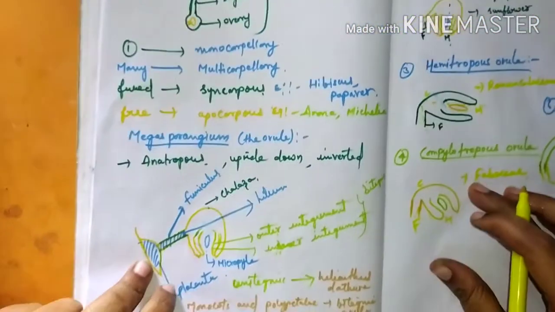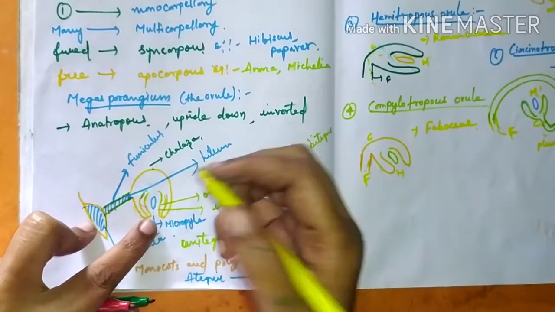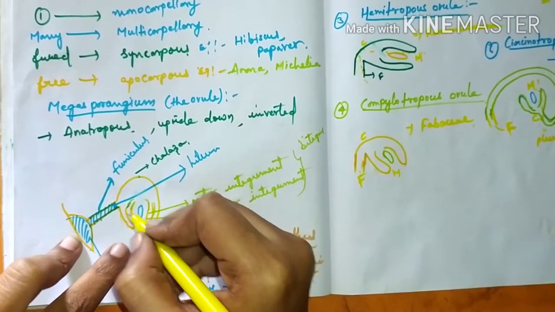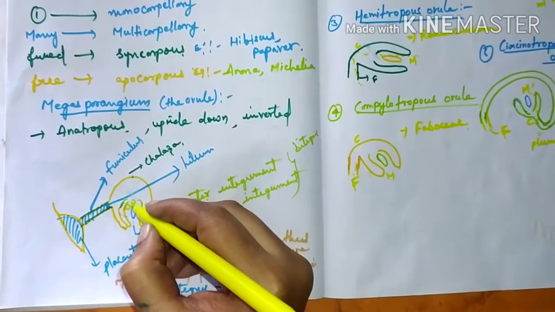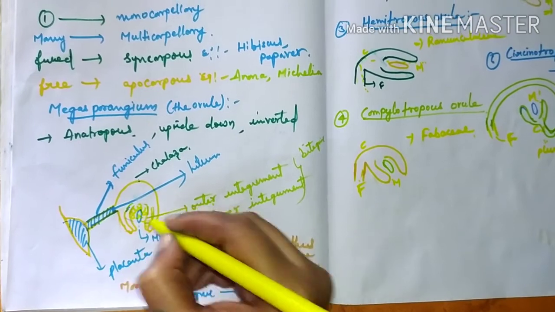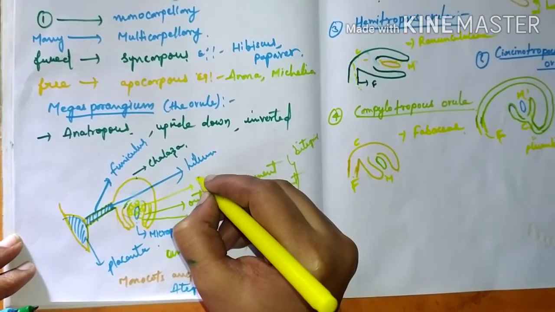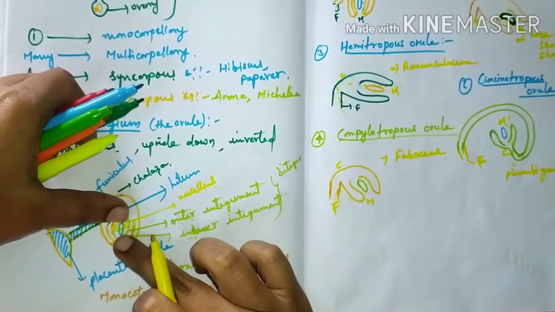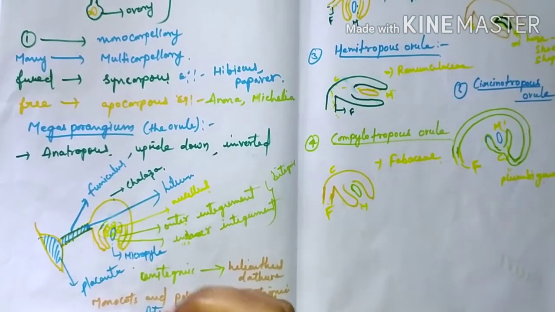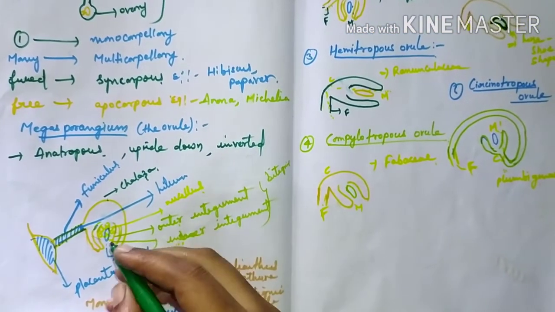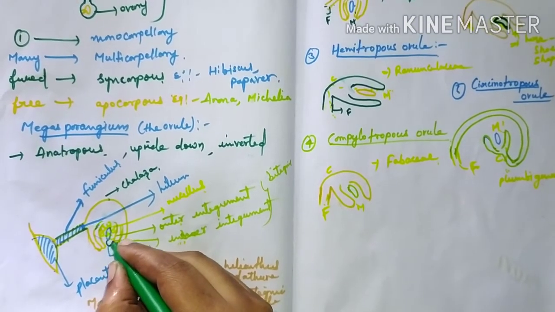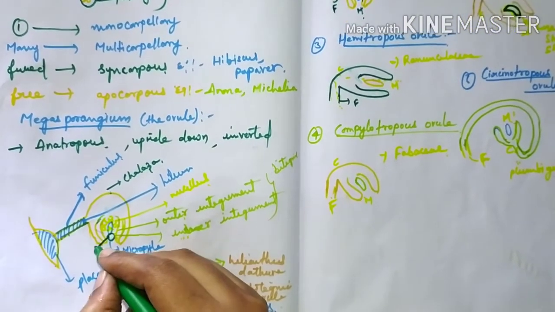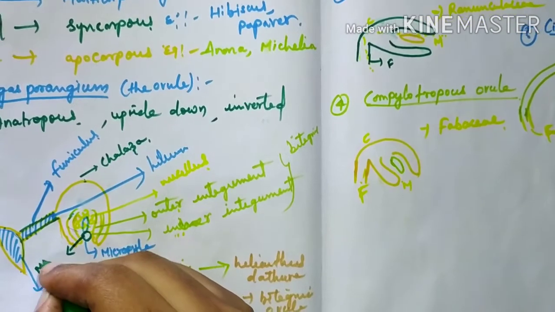And friends, you are seeing the structure of the ovule. Inside this, a mass of cells is present, which is called the nucellus, which is diploid in nature, and from these cells, one cell will act as the megaspore mother cell.